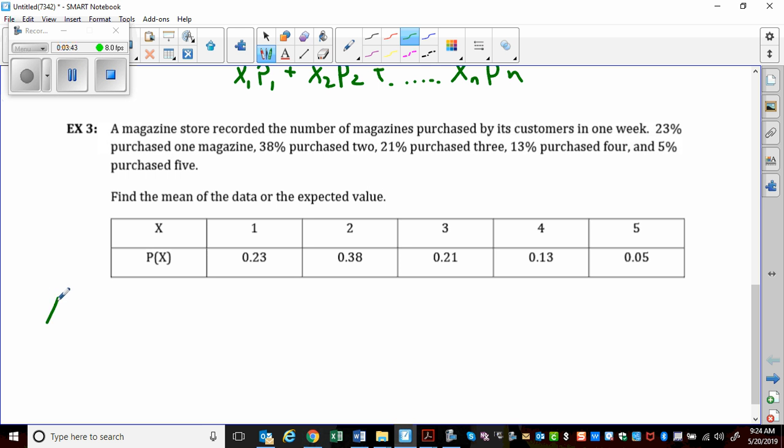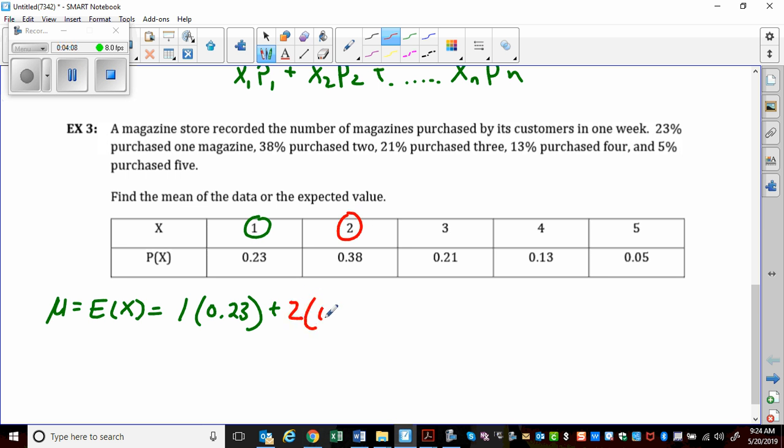So the mean or the expected value is 1 magazine times the 0.23, plus 2 magazines times the 0.38. Remember that we turned these into decimals, not percentages.